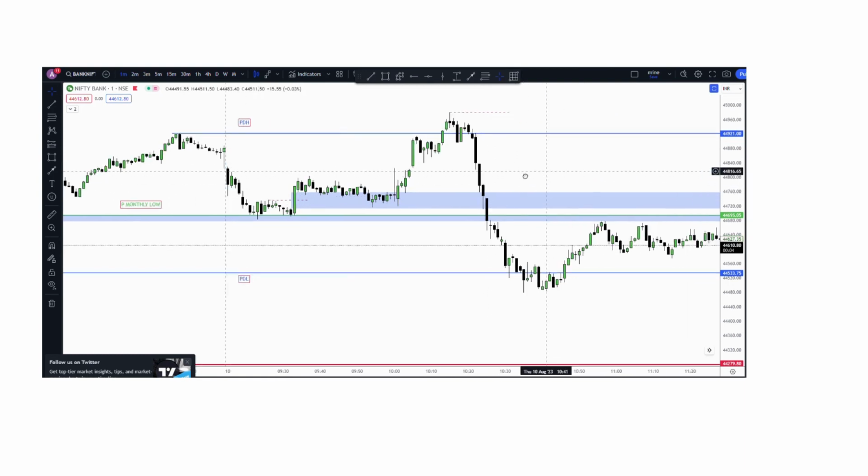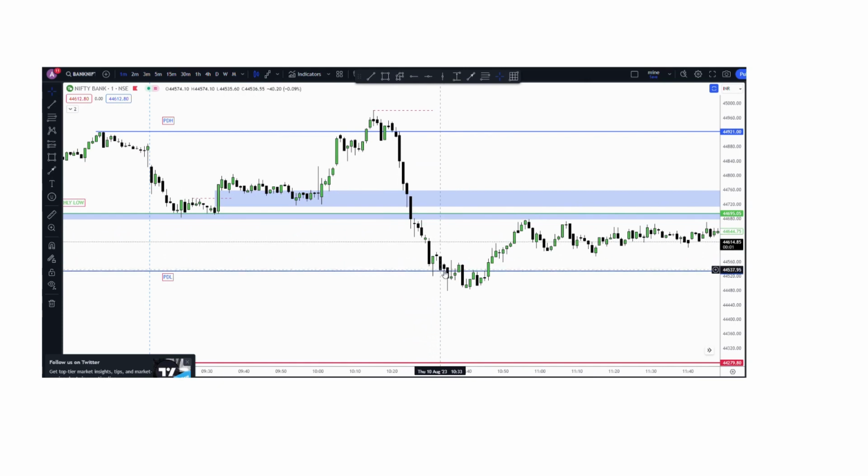All right, and it again went all the way down, hit previous day low. And as I always say, see what price does when it hits these levels. It gives us an indication of where it wants to move.